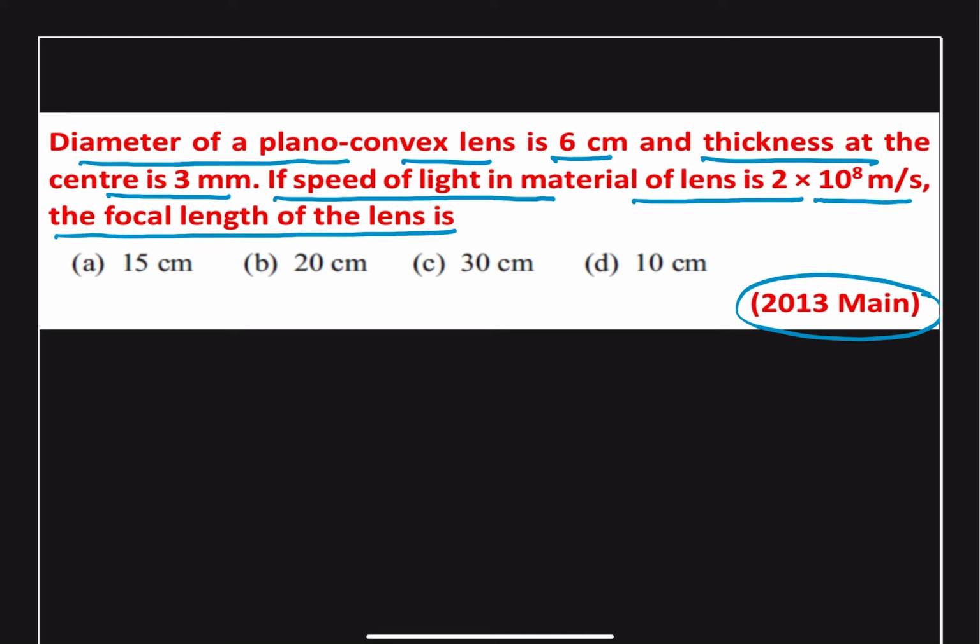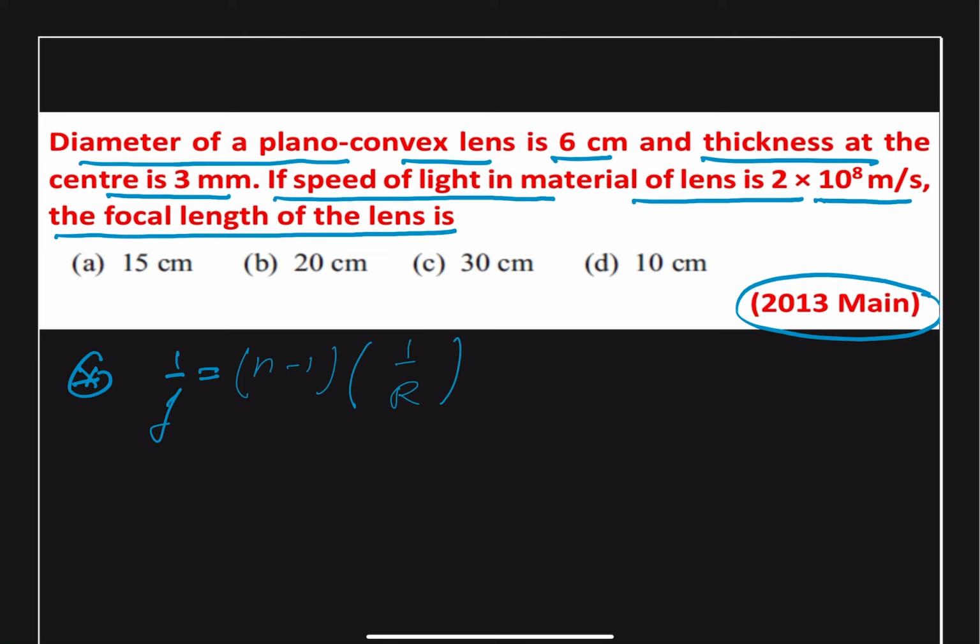This is based directly on the formula, and we can find the focal length by using 1 upon f equal to refractive index n minus 1, multiplied by, for a plano-convex lens, 1 upon r1 minus 1 upon r2.